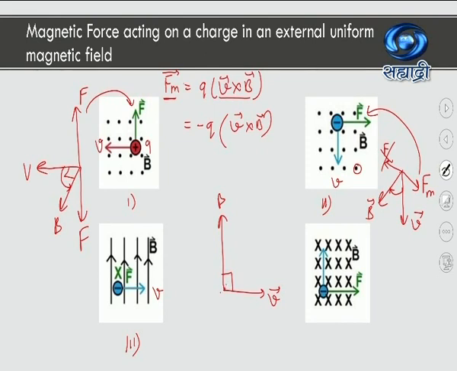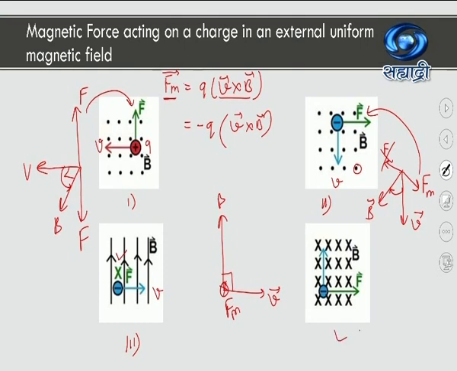So it should have been dot circle. Force would have been outside if it would have been a positive charge. But remember here it is a negative charge. So don't you think that the direction is opposite to what we have obtained for positive charge? So it should be into the screen. And this is explained here.